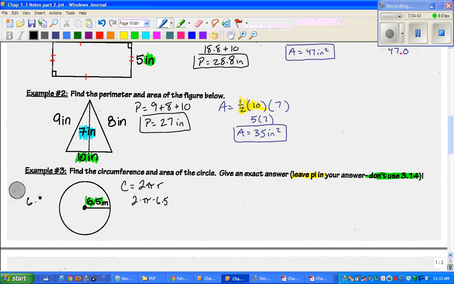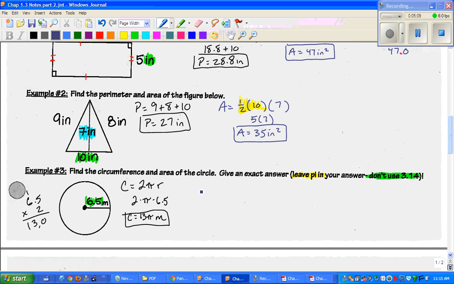Now off to the side, 6.5 times 2. 5 times 2 is 10. Carry the 1. 12 plus 1. We have one number behind the decimal. So our circumference equals 13 pi, and don't forget our labels, which is meters.